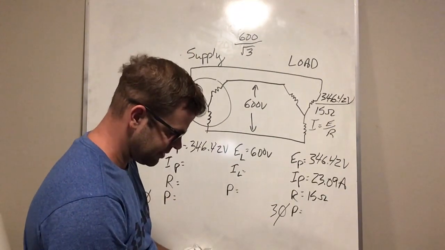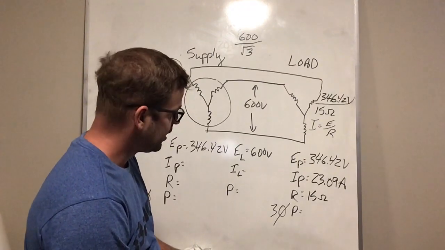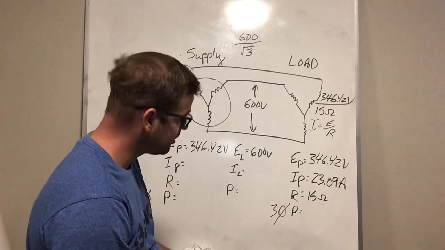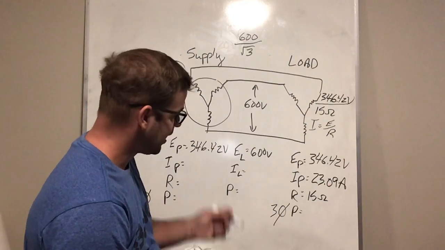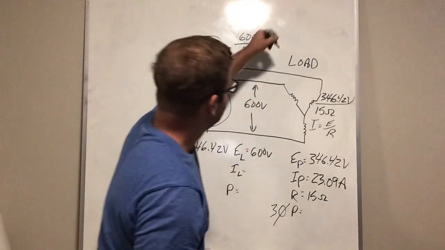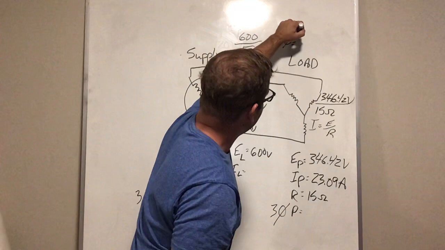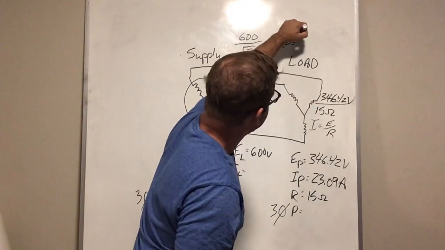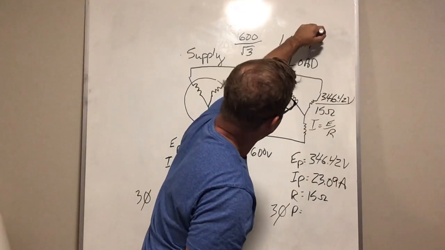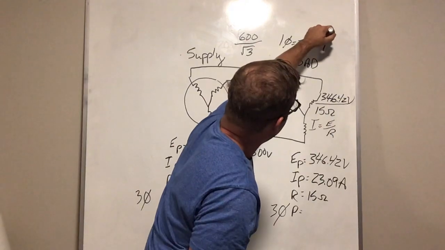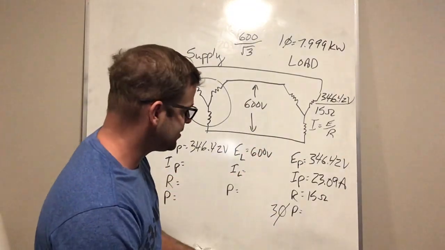So per phase, if I wanted to calculate this out, I have a current of 23.09 amps times 346.42, and so for one phase I know that I have a value of, let's do 7.999 kilowatts per phase, but I'm not looking for my phase power.